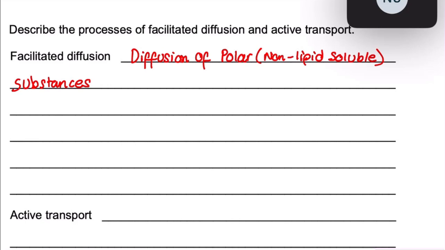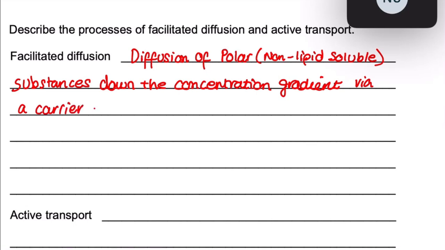So it moves down the concentration gradient, and facilitated diffusion happens through a channel protein or a carrier protein. So via a, we'll say, carrier protein. So that's the full-on definition for facilitated diffusion that you need to learn.